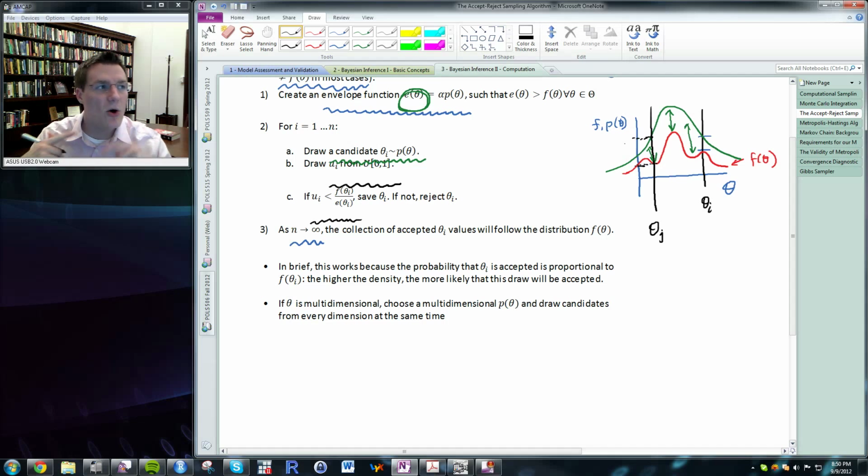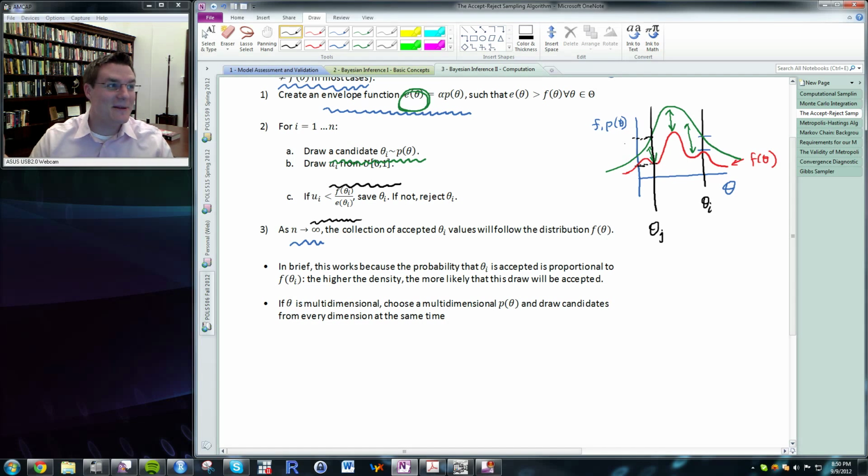If I do this over and over and over again, rejecting and accepting relative to the ratio of presence in the target distribution as compared to presence in the proposal distribution, I will over time build up a bunch of samples that look like the target distribution. That's the best way I can think of to explain how this works.